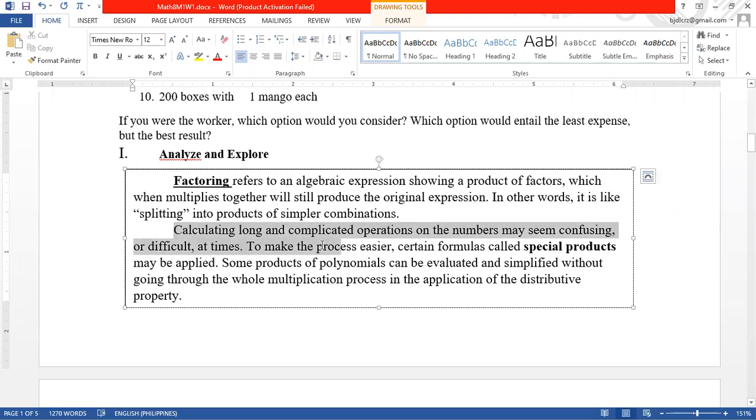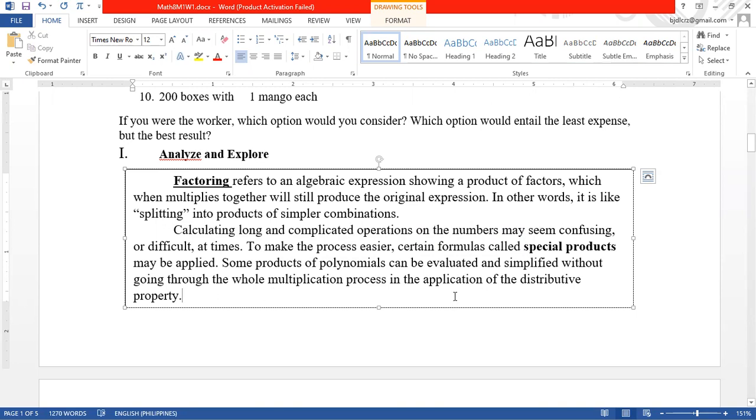So, calculating long and complicated operations of numbers may seem confusing or difficult. So, to make the process easier, certain formulas called special products may be applied. So some products of polynomials can be evaluated and simplified without going through the whole multiplication process in the application of distributive properties.